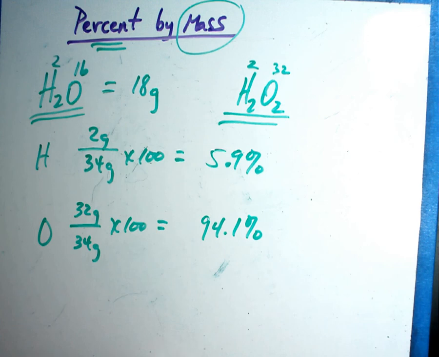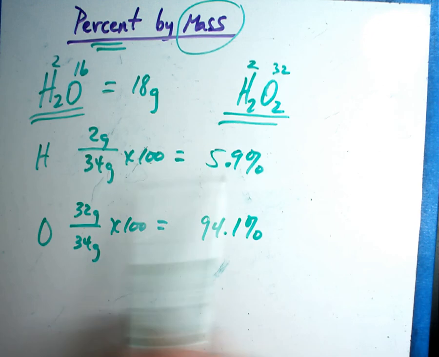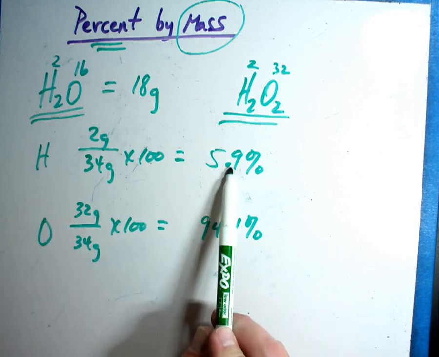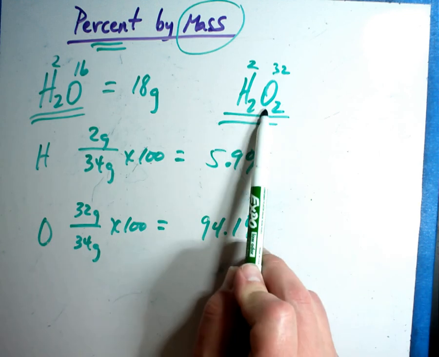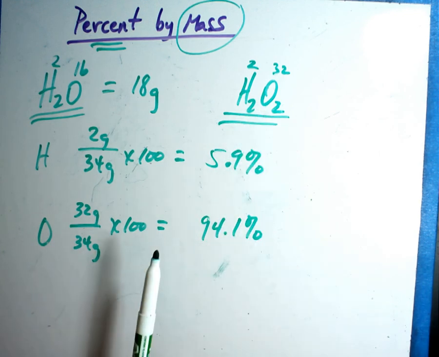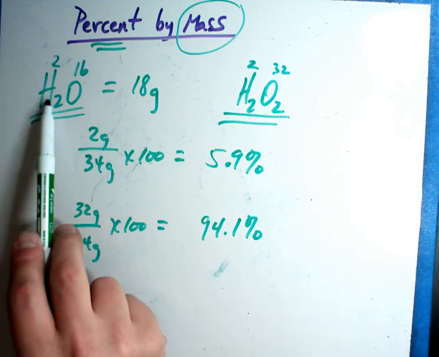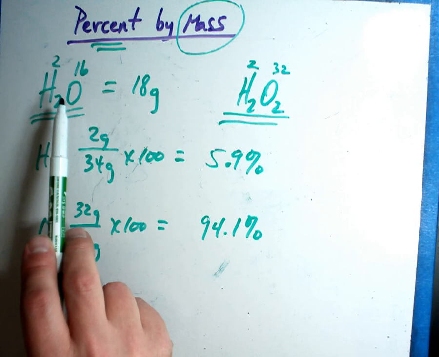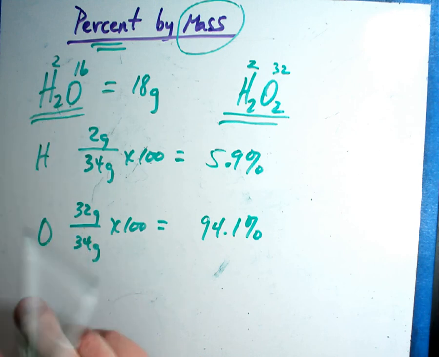Here is a very important statement. Whenever you do percent by mass, there's only one compound in the world that has 5.9% hydrogen and 94.1% oxygen, and that is this compound. There's only one thing in the world that is 11.1% hydrogen and 88.9% oxygen, and that's water. Now that becomes very important in CSI work.